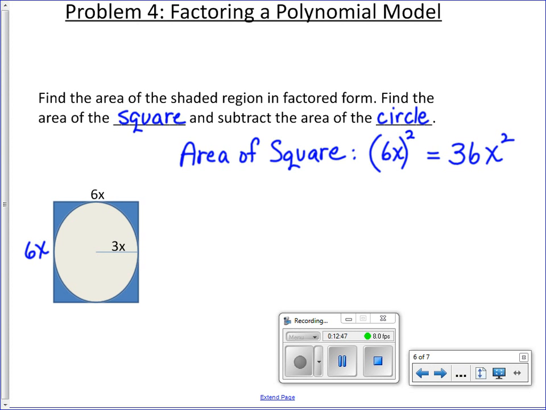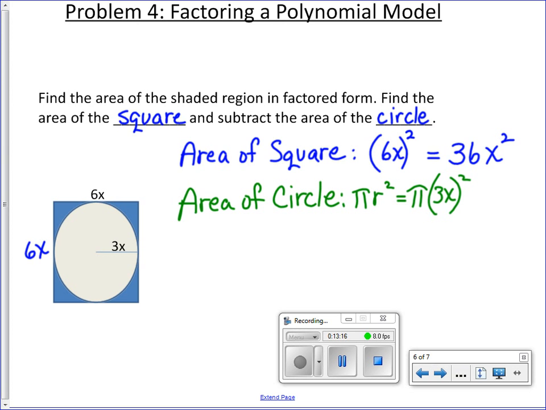All right, the area of the circle we're going to subtract out. And area of a circle, you'll remember, is pi times the radius squared. So substituting in 3x, which is our radius, we have pi times 3x squared.